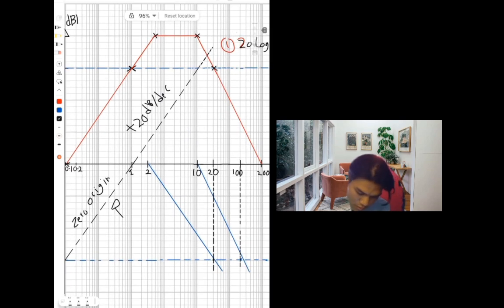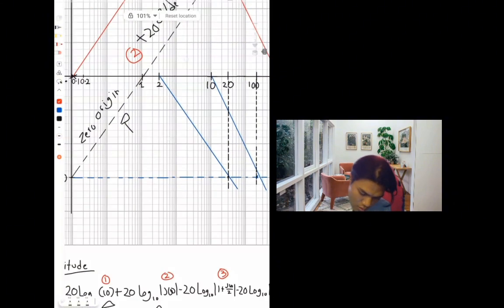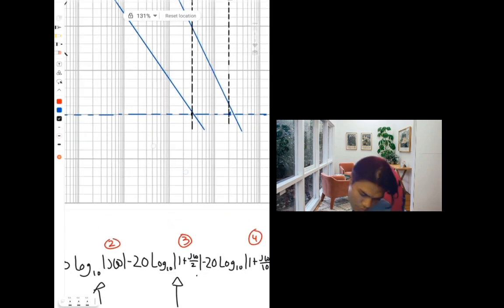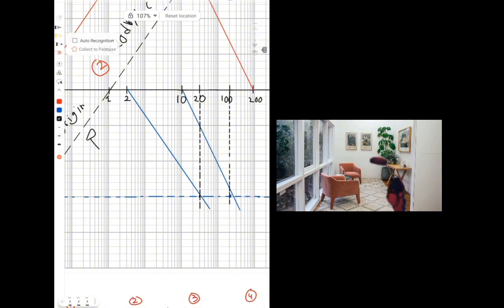Alright, so that will be the second. And then for the third, from this equation also, from simple pole, this part will be j omega over 2.